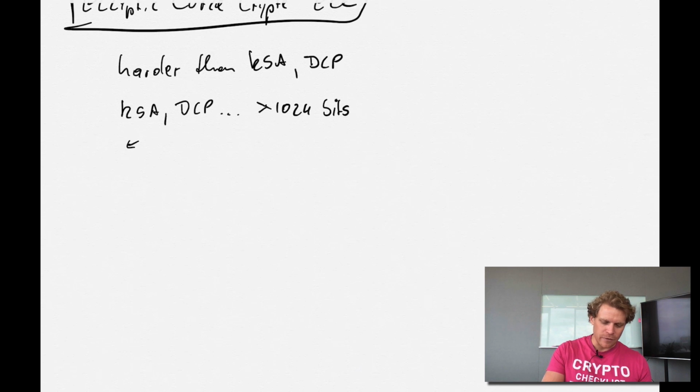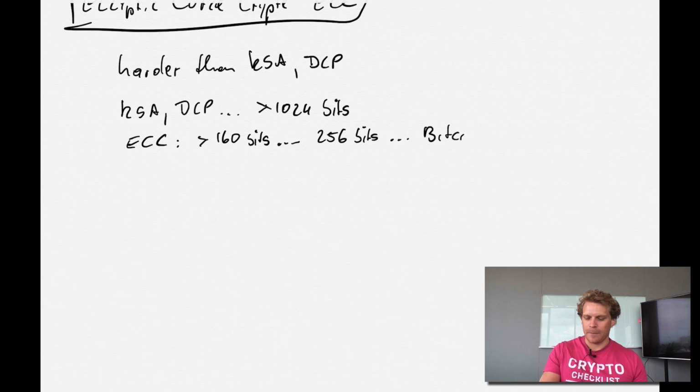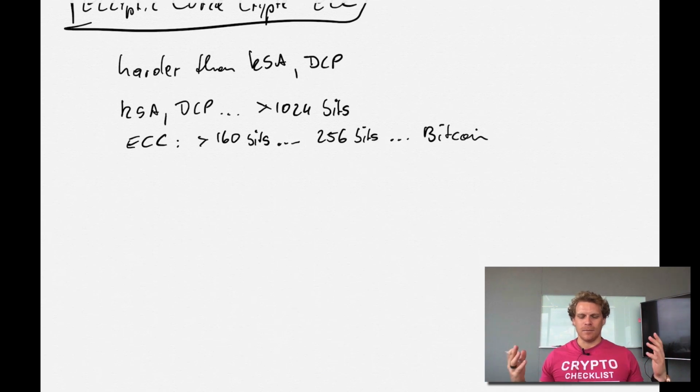In elliptic curve cryptography, because it is so difficult and so computationally intensive, the minimum is 160 bits. Most actually use 256 bits. That's also what's being used, for example, in Bitcoin. But that's obviously a lot less, right?